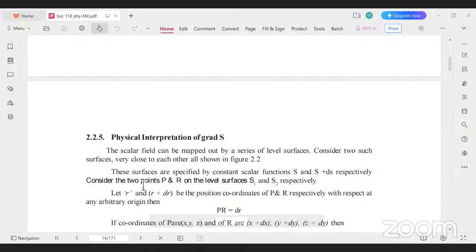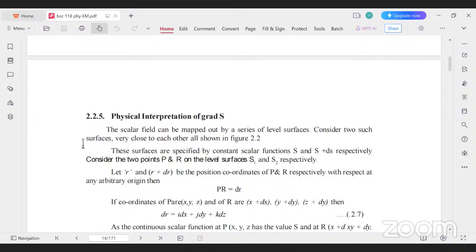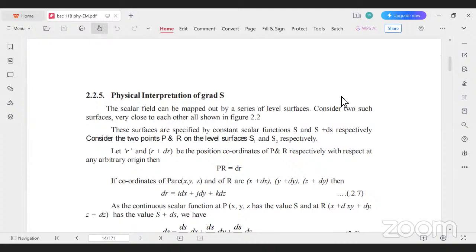Let us take the scalar field, which can be mapped out by level surfaces. Take two such surfaces very close to each other, S1 and S2, where we can find the coordinates X, Y, Z. So let R and R plus dr be the position coordinates of points P and Q respectively with respect to an arbitrary origin.